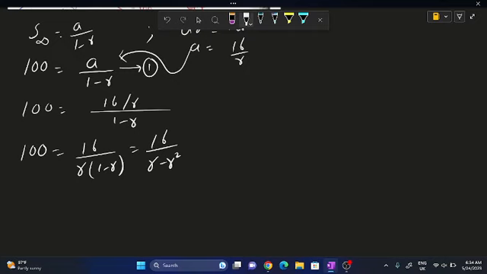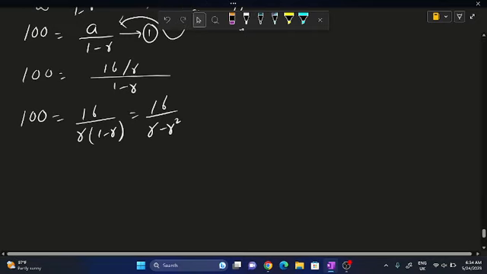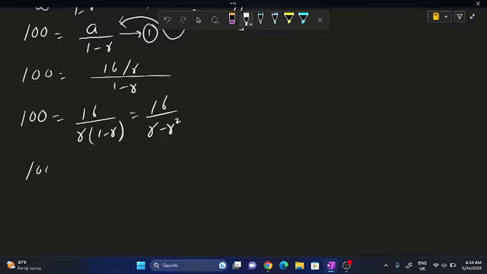Are you agreed? Now do the cross multiplication: 100 times r minus r squared equals 16.